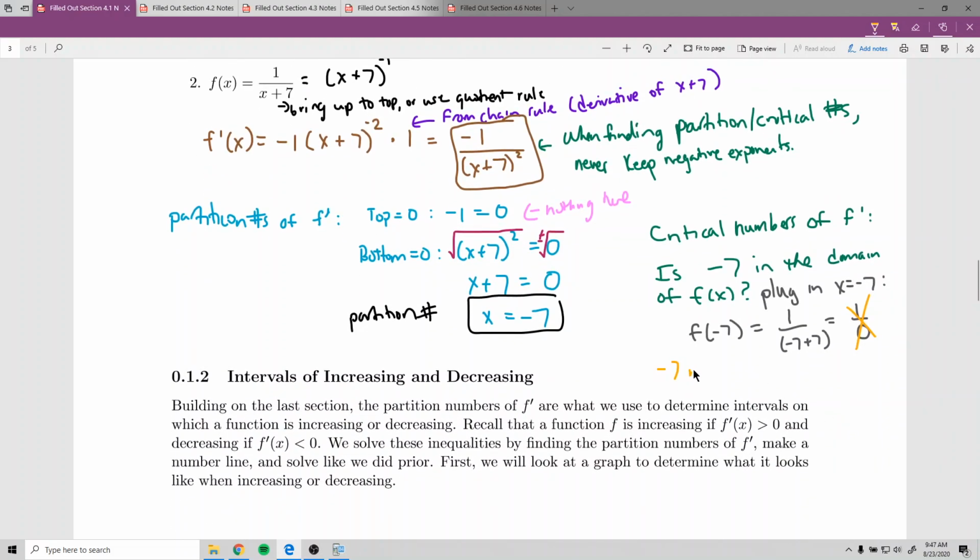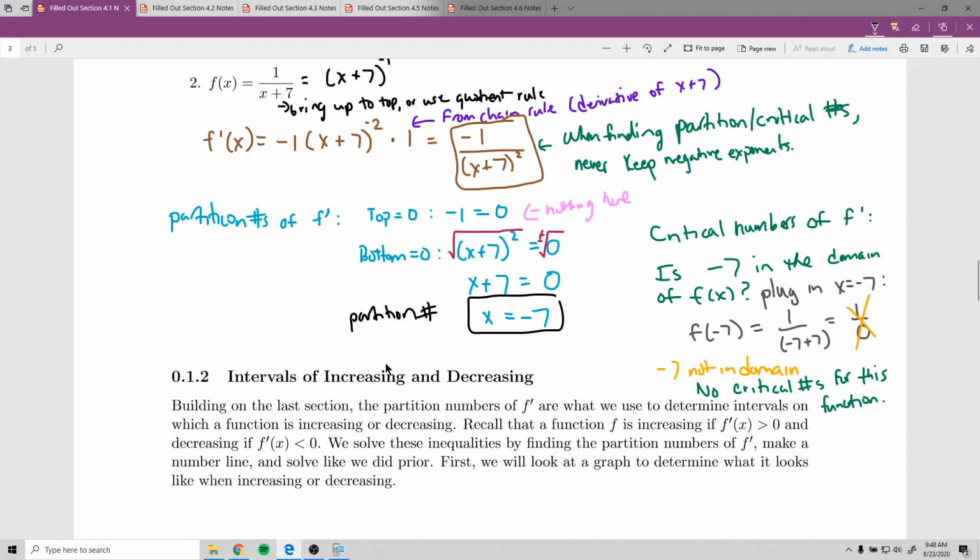Right, negative 7 is not in the domain. What that means is there are no critical numbers for this function. The only possible one we have is negative 7, and it's not really one. So there are no critical numbers for this function. And that's okay too.